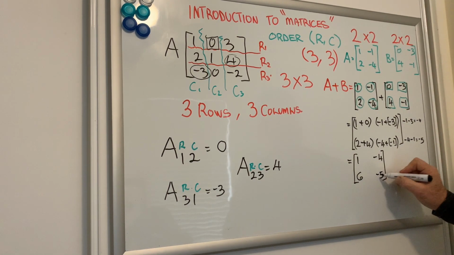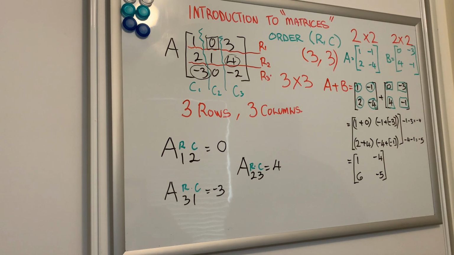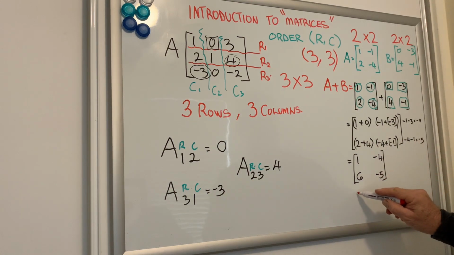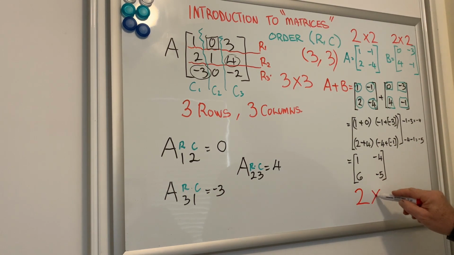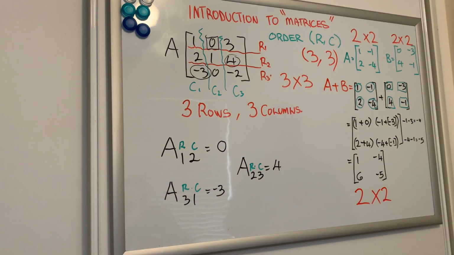And remember, the order of this matrix is 2 rows by 2 columns, 2 by 2. There we have it, matrix A plus B.